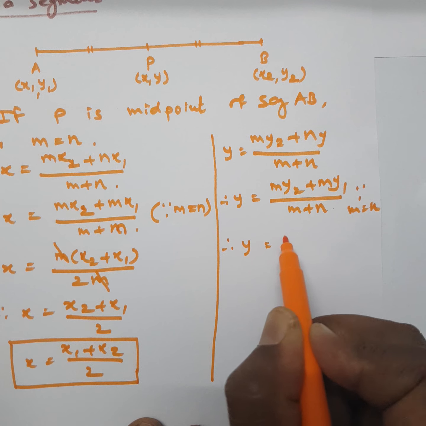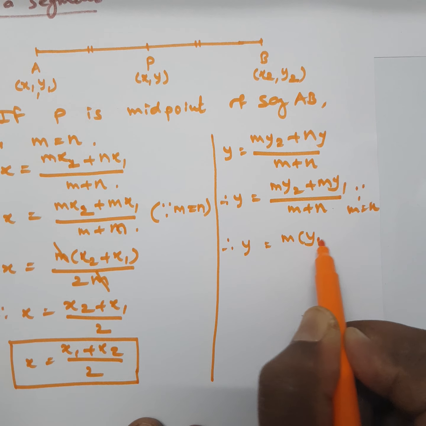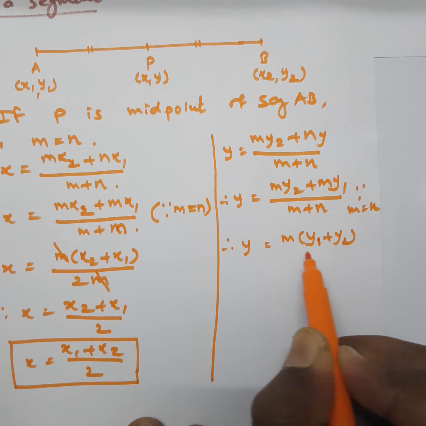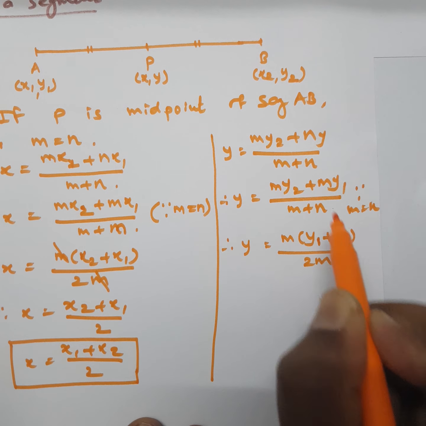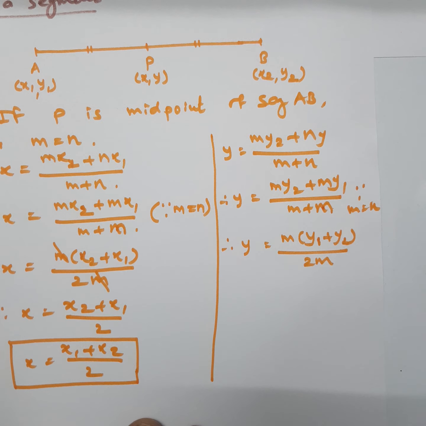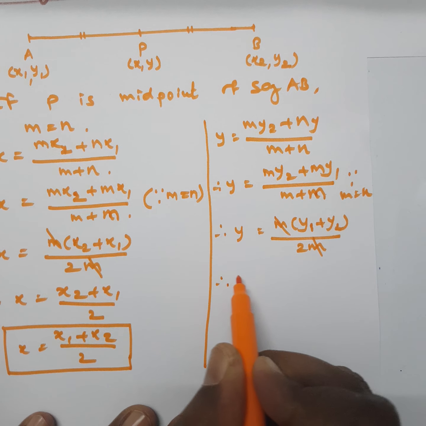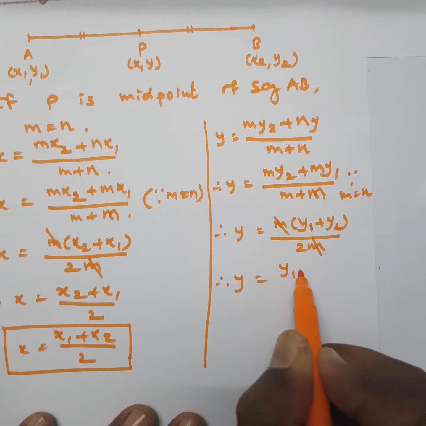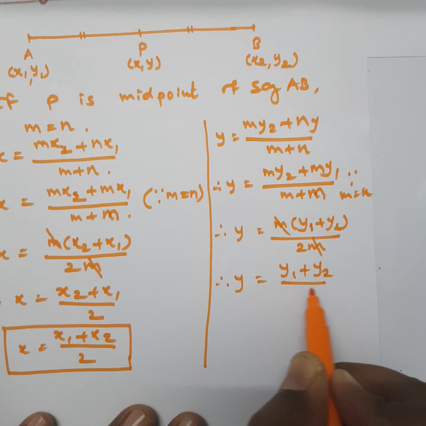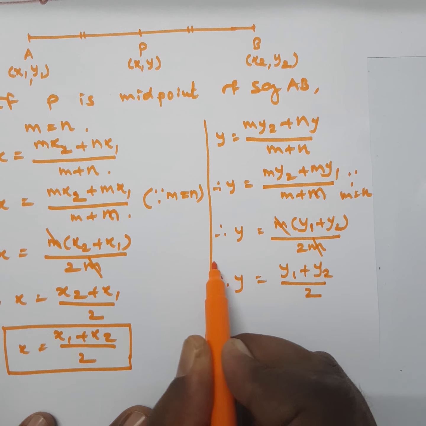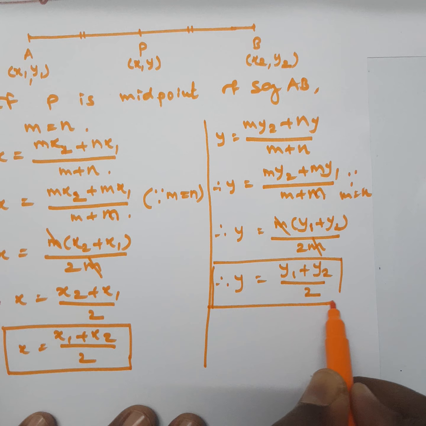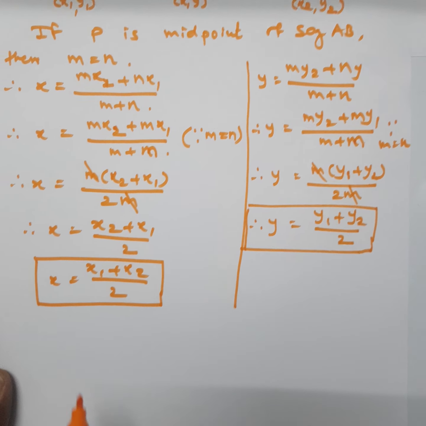Therefore, y is equal to m common, (y1 + y2) upon 2m. Here the value of n is m. Again m cancels, therefore y is equal to (y1 + y2) upon 2. It is the formula for the y coordinate.